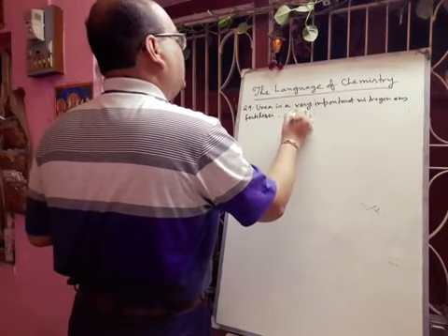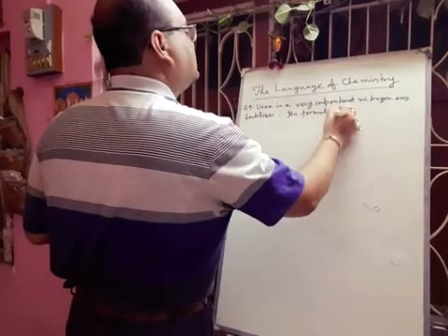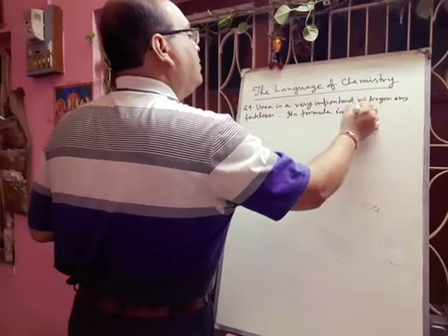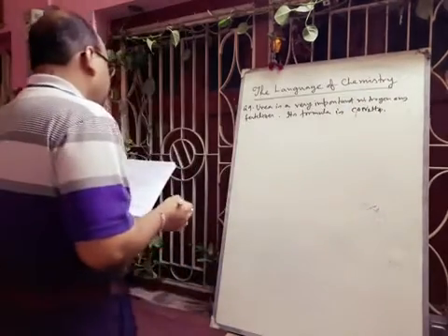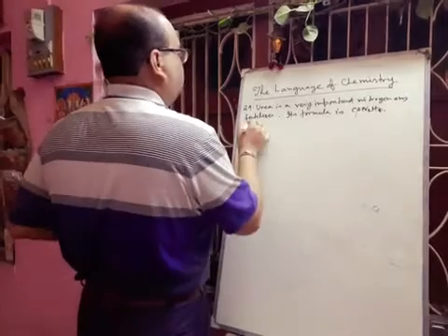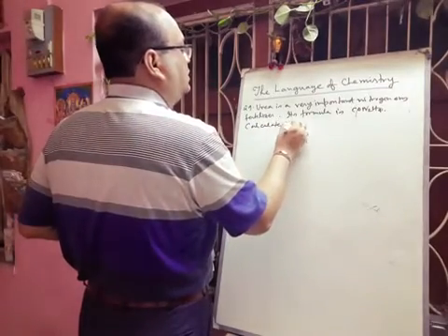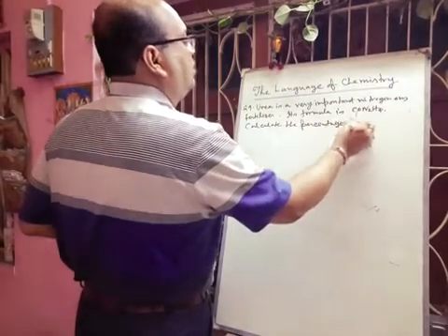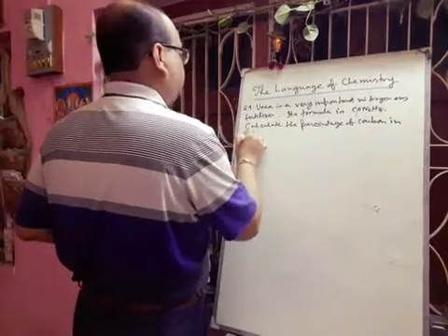Its formula is CON2H4. Calculate the percentage of carbon in urea.